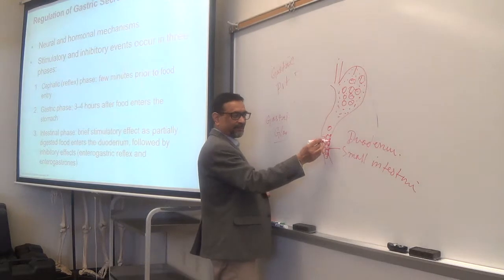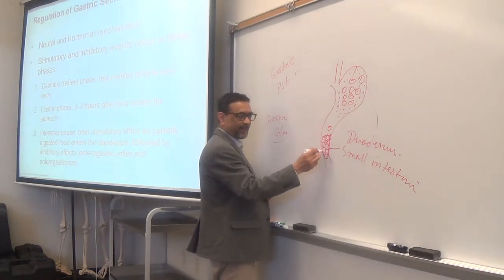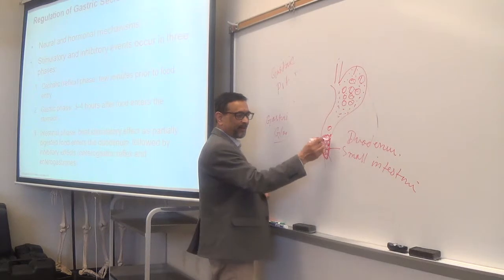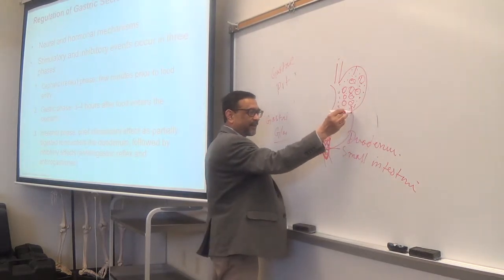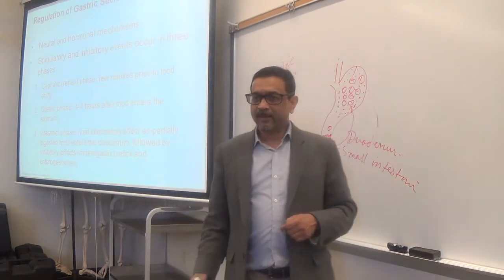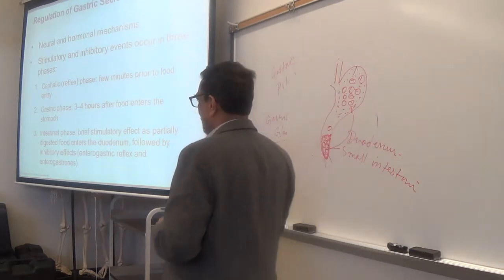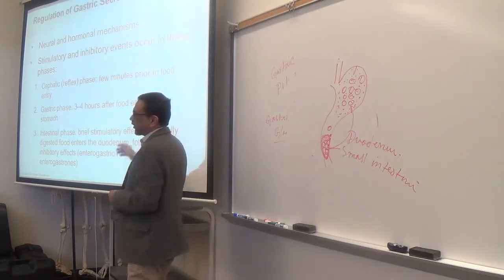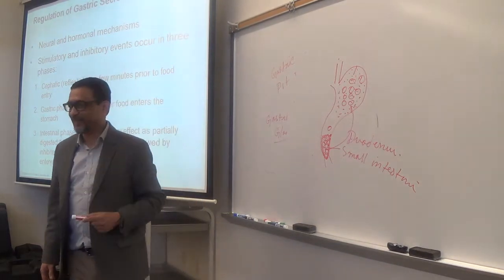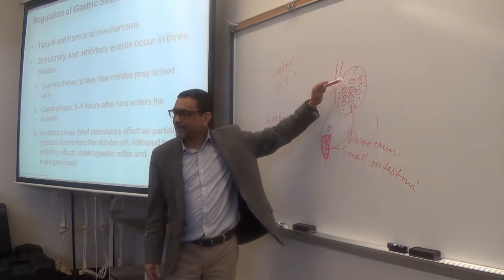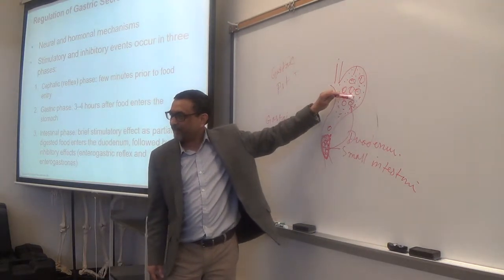And if they think that the food needs to be digested more, that not enough breakdown or digestion has occurred, a signal will go back to the gastric glands that you are not doing a good job, okay? Do more, work more. So it's like checking the status of the food, and that's why it is called the intestinal phase of gastric secretion. So in all three cases, secretion will occur in the stomach, gastric secretion.